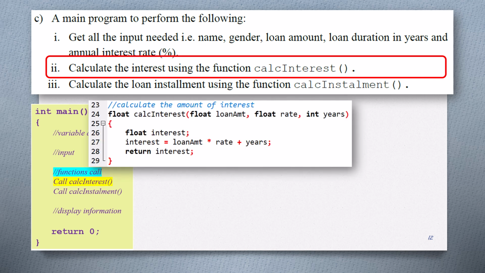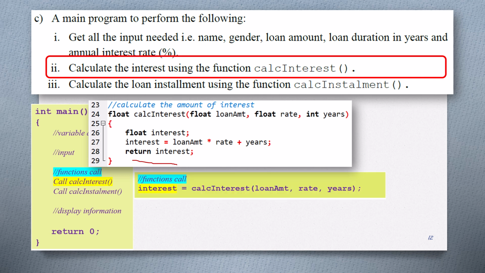Earlier, this is what we have in the function called interest, the function definition. We have three parameters, meaning we need to submit three values to the interest function. And in the end, you see here the keyword return, meaning this interest function will return a value.